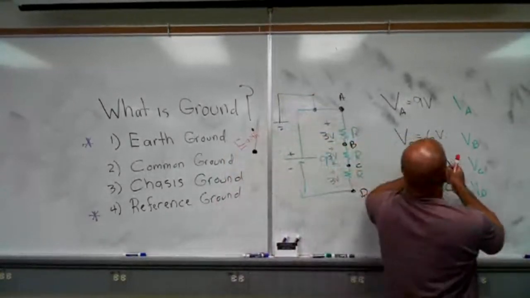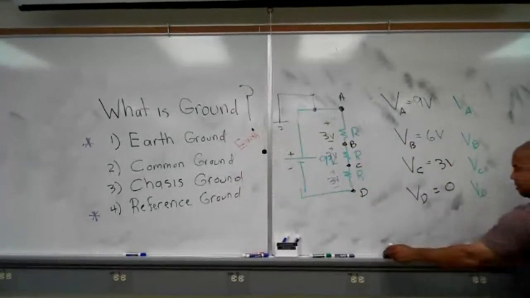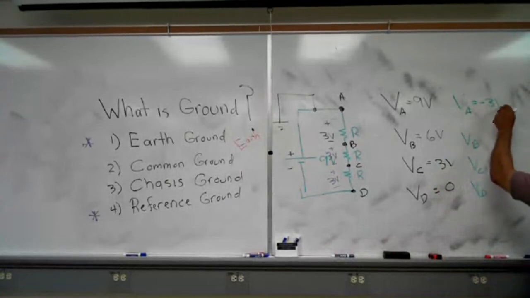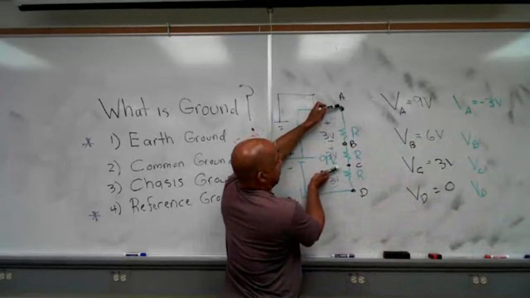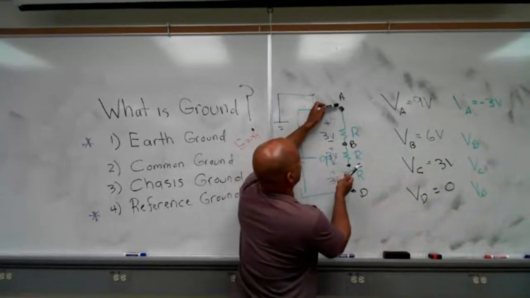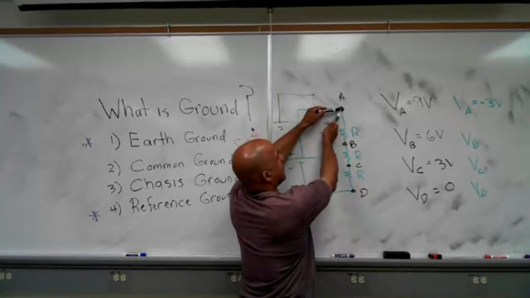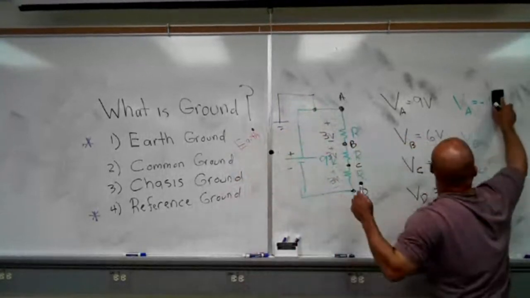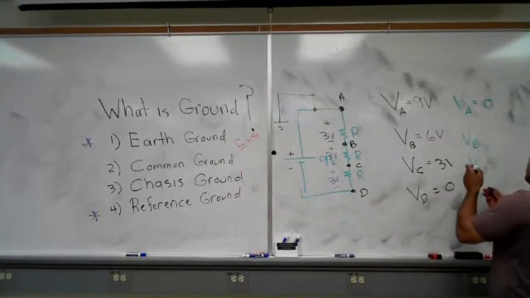So over here, VA is going to be negative 3. And then down here, actually V at A is going to be 0, isn't it? If both my leads are here, my reference is here, V at A is going to be 0 because my leads are touching. So this is not right. This is 0 volts.